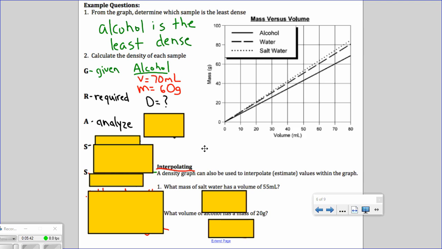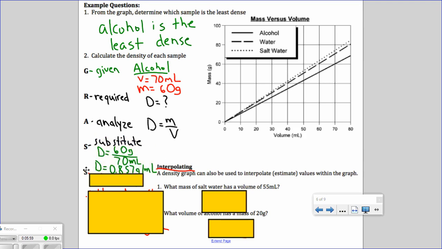The A in GRASS stands for analyze, and this is the equation that we are going to use. Because we're being asked to find density, we are going to use our density formula. The S in GRASS stands for substitute, or solve, whatever you want. This is where we take our given information and substitute into our formula.